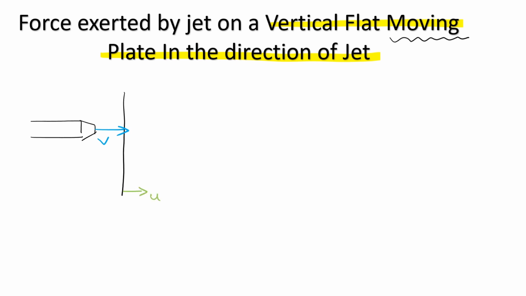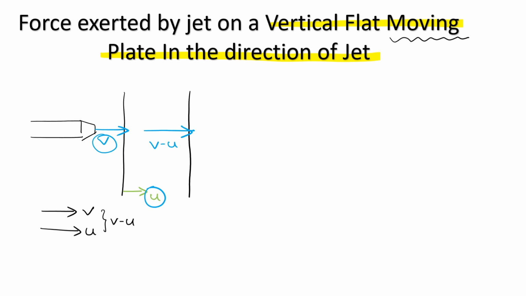So the initial velocity will be the combined, that is the relative velocity, the velocity of jet minus the velocity of the plate, that is v minus u, because both velocities, the velocity of jet of water as well as the velocity of the moving plate, are in the same direction. So relative velocity means v minus u, that is initially acting on this vertical plate.